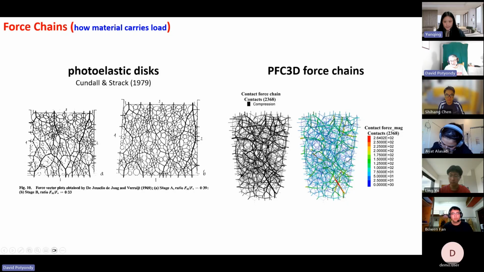And so you can compute that in a model. You can also do that on these photoelastic discs. And again, that will tell you things that are relatable quite well to different characteristics of how a granular material behaves. Okay. Ayat, what other ways do people quantify these?